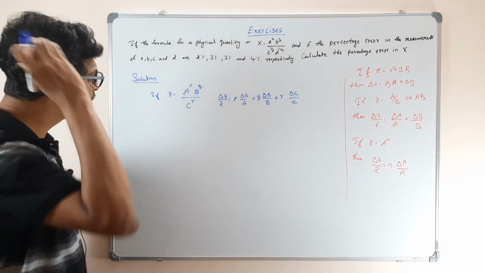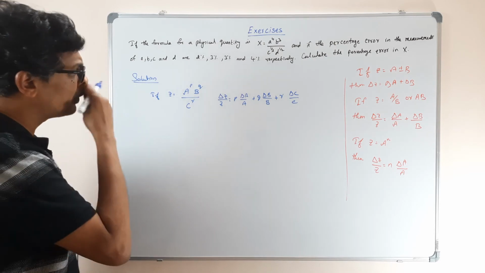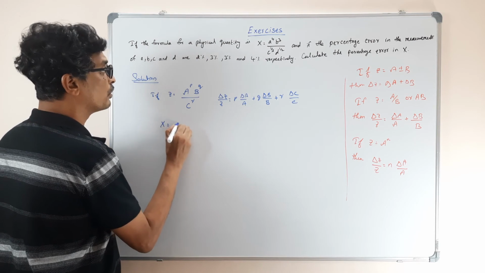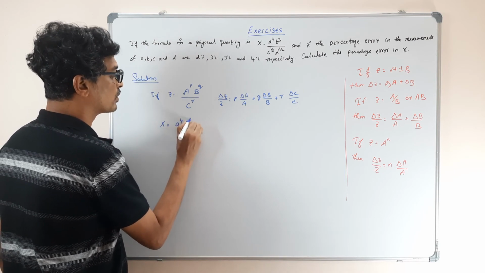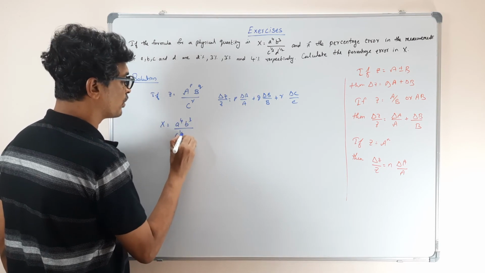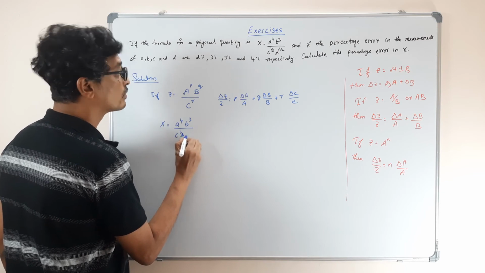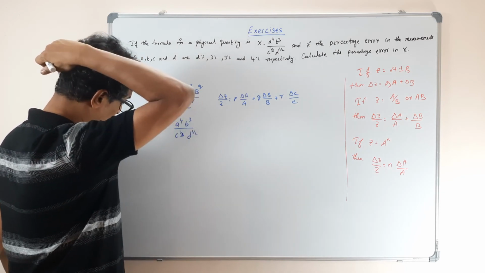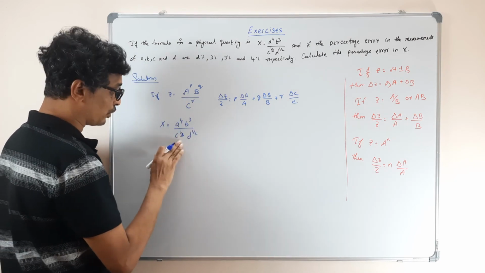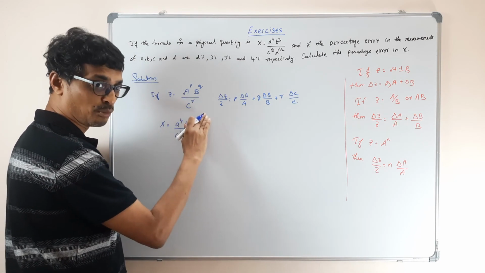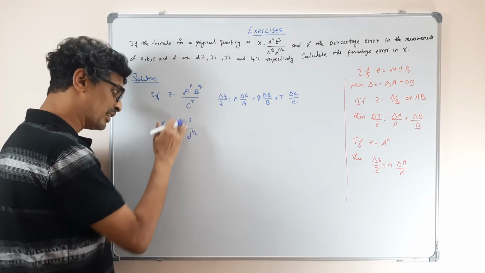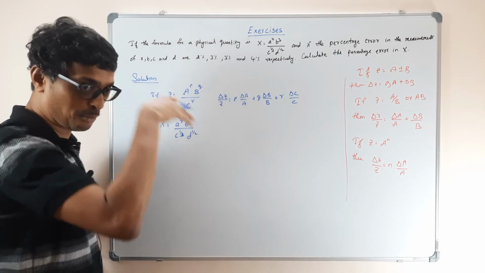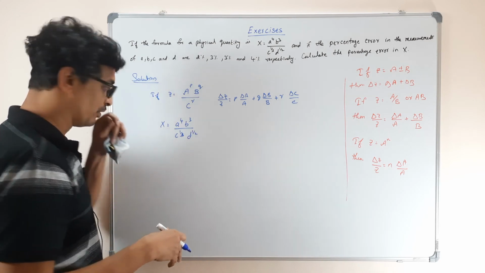Okay, so this is what we will get. So given x is equal to a power 4, b power 3 divided by c power 1 by 3, d power 1 by 2. See, actually in the earlier problem I took c above and wrote c power minus 1 by 3. That's not needed, because even with division it comes out to be the same thing. Anyway it came out correct because you can't take the minus value. Always have the positive value.